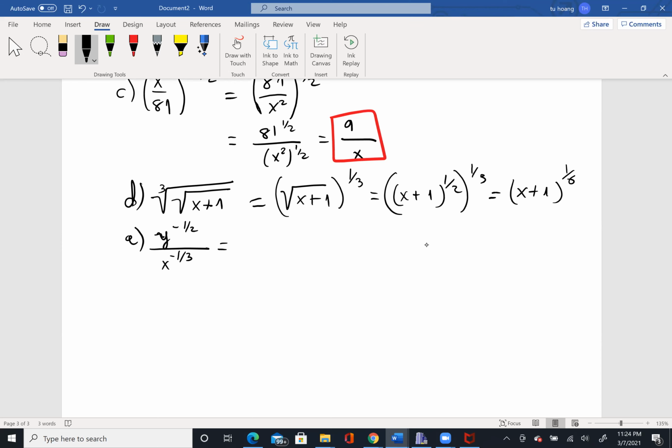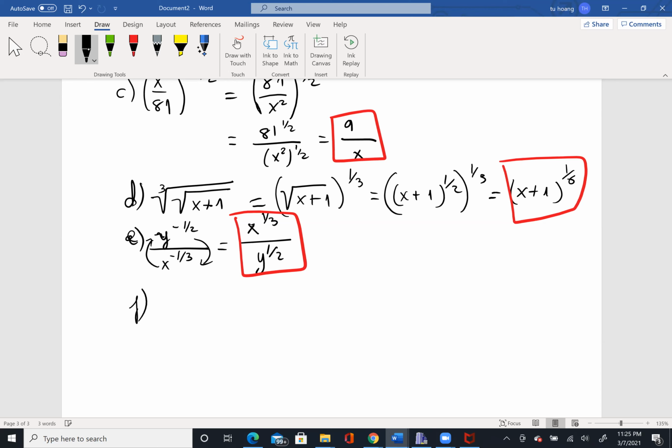So the top now moves to the bottom, becoming y to power 1/2. And for the bottom, x to power negative 1/3 moves to the top and becomes x to power 1/3. And I'm going to just stop here because you cannot simplify. This will be the answer also. So here's E, right? And then F.